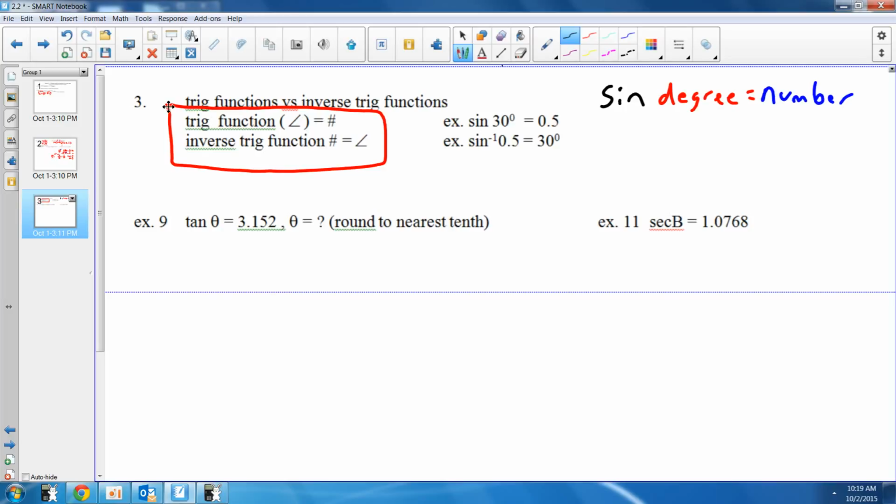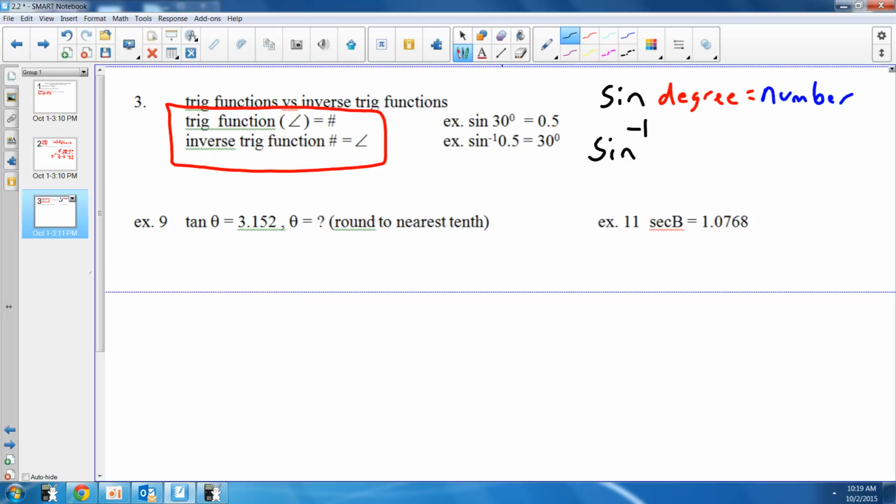Notice what happens. Sine inverse, and be careful, this -1 is not an exponent. I know it looks like it is because you've always dealt with negative exponents like that, but this is shorthand in saying I'm identifying that as an inverse function. That's what the -1 stands for.